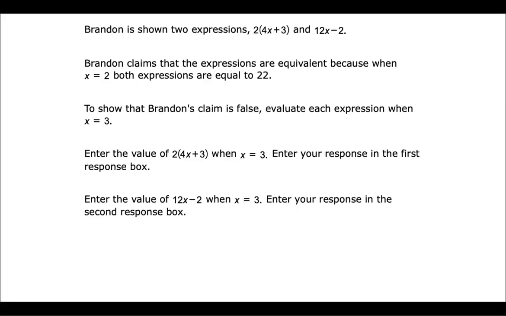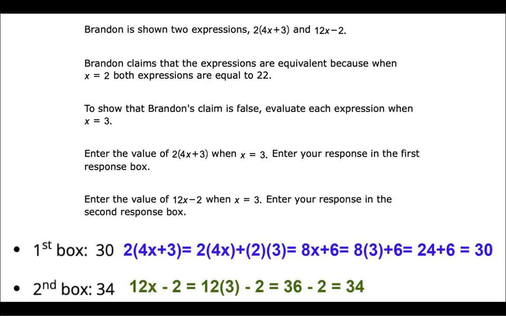Okay, now that you worked on this problem, let's see what those two values are for each of the boxes. The first response box is 30, and the second should be entered as 34. How do we get there? We have the expression 2 times, within the parentheses, 4x plus 3. That matches what we have written.